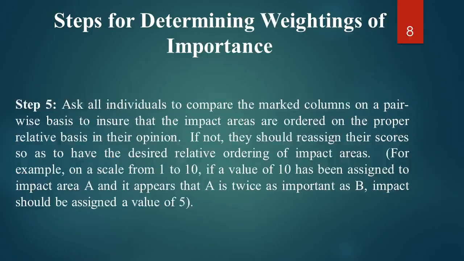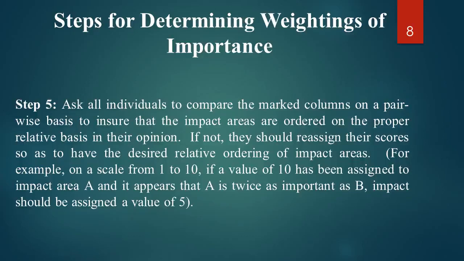In step 5, ask all individuals to compare the marked columns on a pair-wise basis to ensure that the impact areas are ordered on the proper relative basis in their opinion. If not, they should reassign their scores so as to have the desired relative ordering of the impact areas.